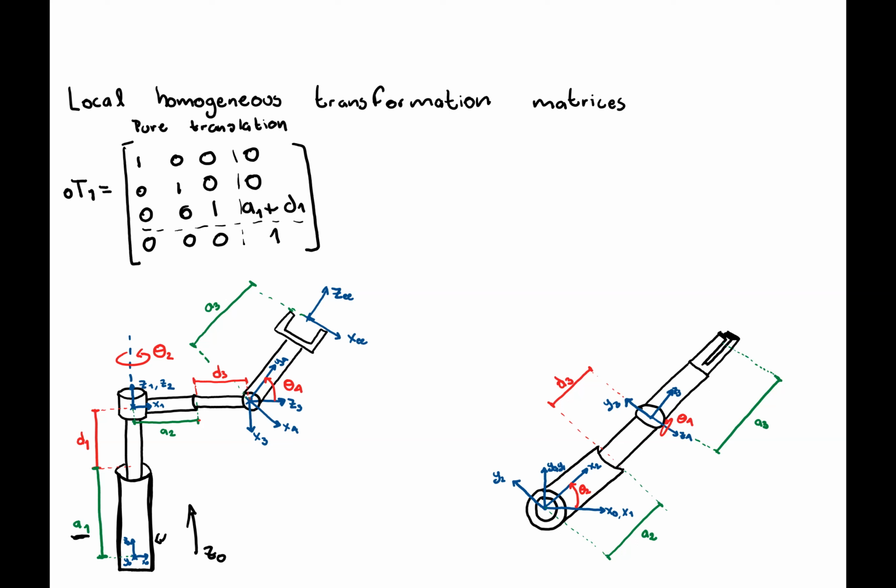Now, the second one, it's joint theta 2. And this one is a pure rotation, okay? It's a pure rotation around the z-axis here.